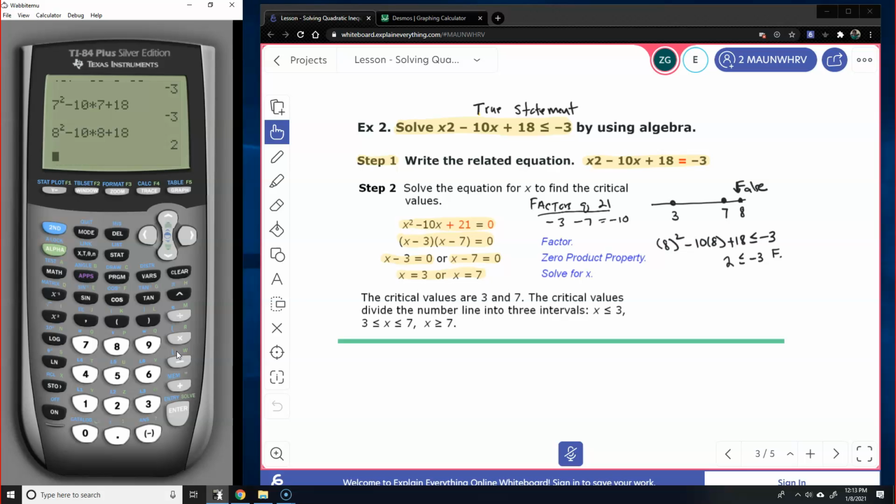So now we're going to try a number that falls before 3. We tried 8, and that was false. Let's go ahead and try 0.